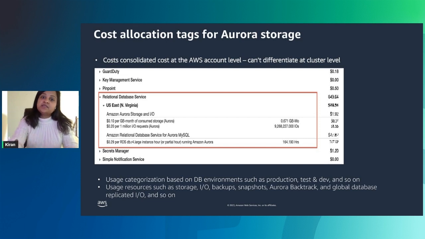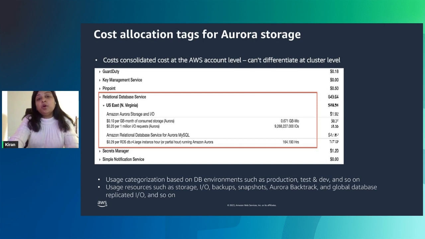But let's say there are large databases or a dynamic application where the data is unmanageably growing, and you wanted to see where the cost is going, or you have a project that is coming up and you wanted to understand how much this particular project incurred in cost, or there is any test or dev environment that you wanted to keep track of, or any production instances, right? For that matter, you wanted to understand how much the cost is for these particular EC2 instances or Aurora instances or S3, any of the RDS AWS services.